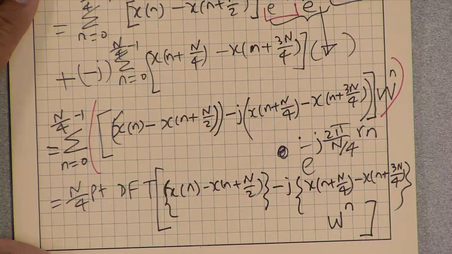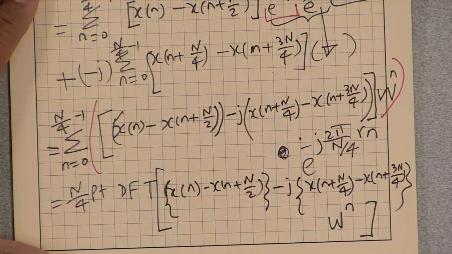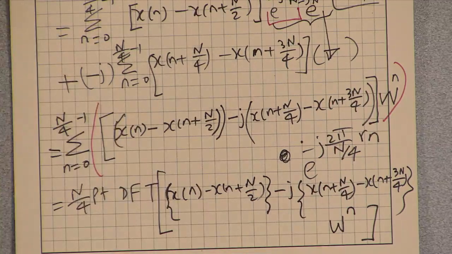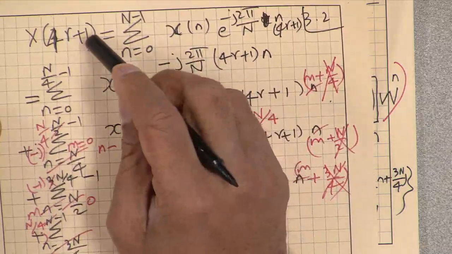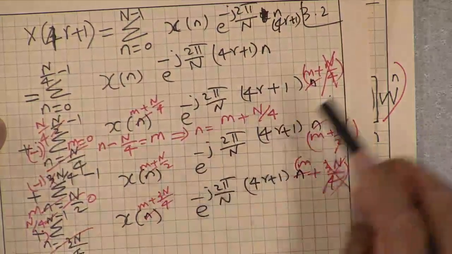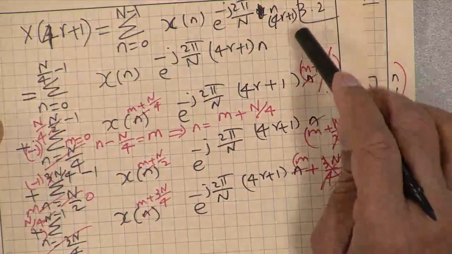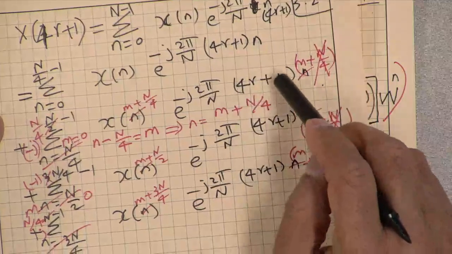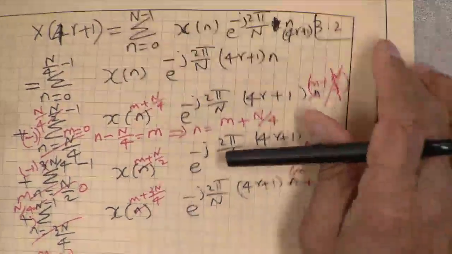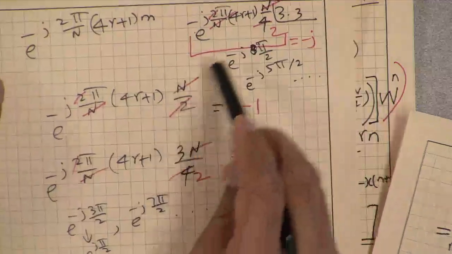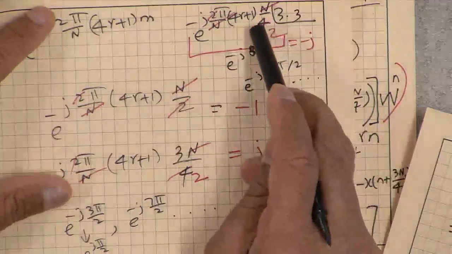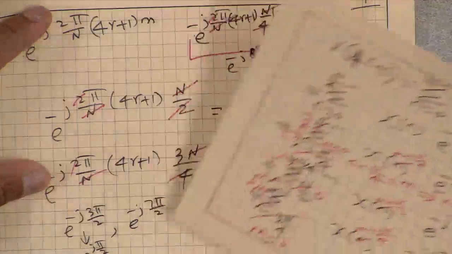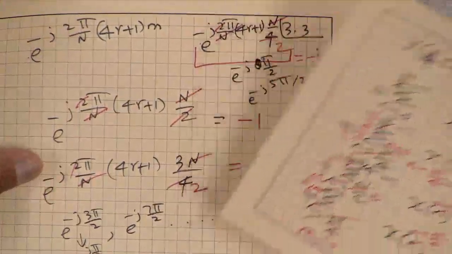I don't want to spend 10 more minutes, but what happens if I just change the 1 to a 3? If I just change the 1 to a 3, everything else is the same, right? So 4r plus 3, and when I evaluate these complex exponentials, let's see.